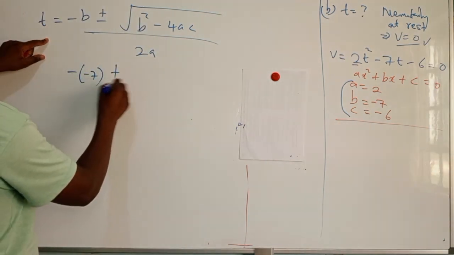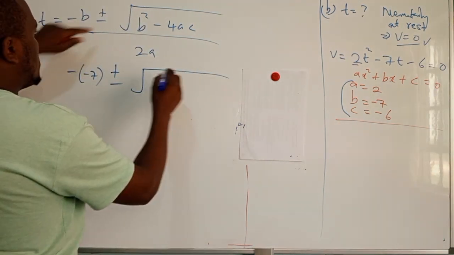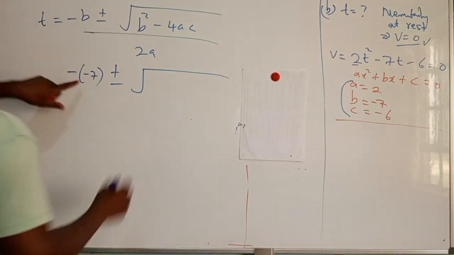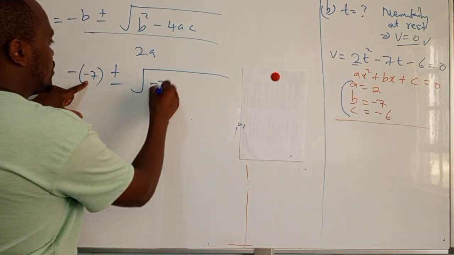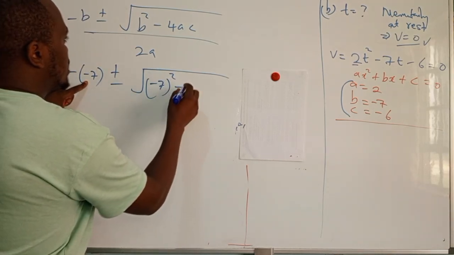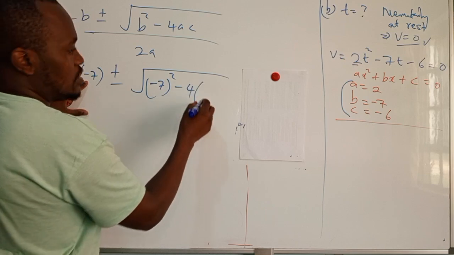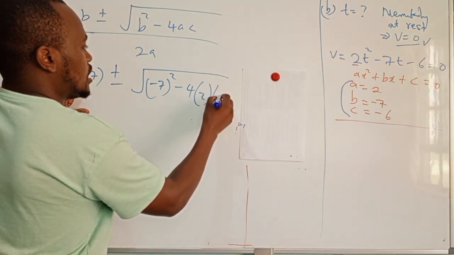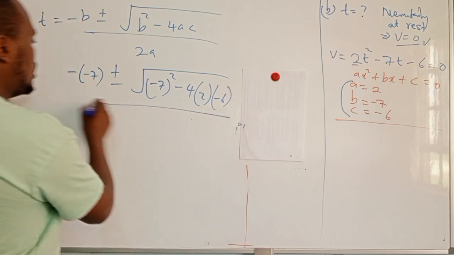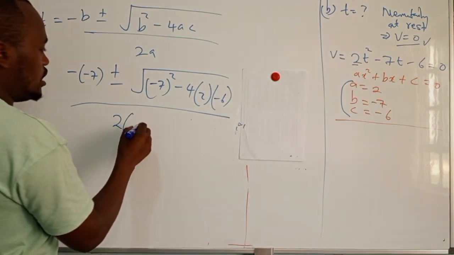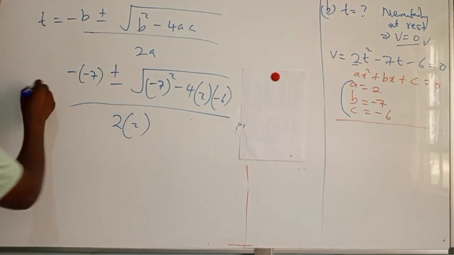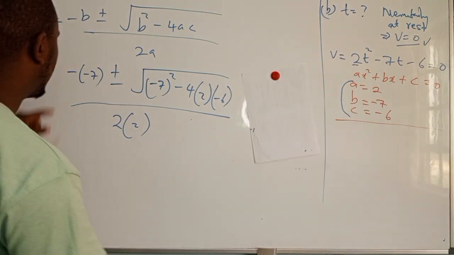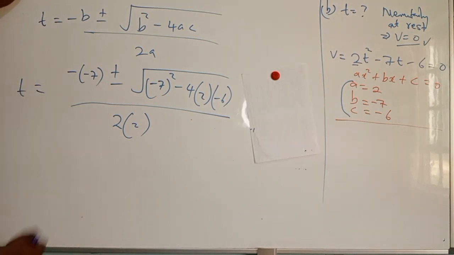Okay, let's just continue. b squared is negative 7 squared, minus 4, a is 2, c is negative 6, over 2a. At this point you are using the quadratic formula.